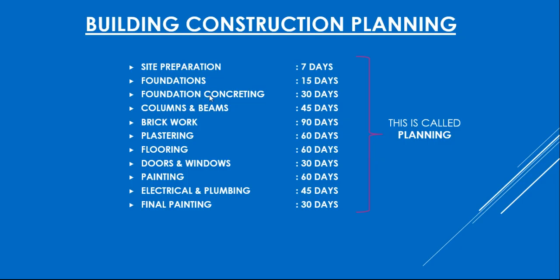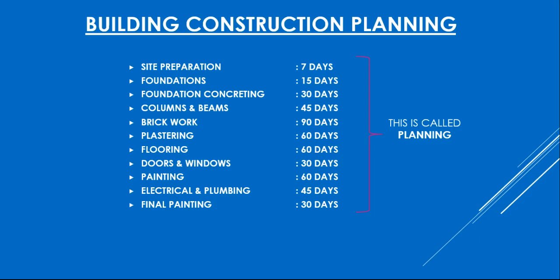Materials means, for concreting you need some 50 bags of cement and some 5 cubic meters of coarse aggregate and some quantities of fine aggregate, everything. That is what we call materials. And resources means the machinery and labor.